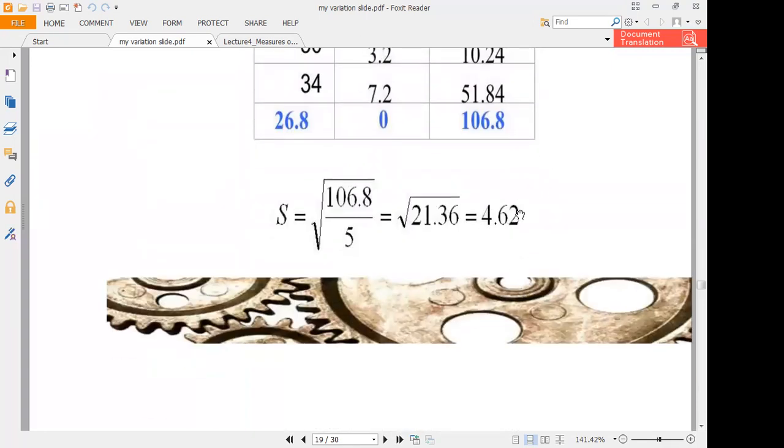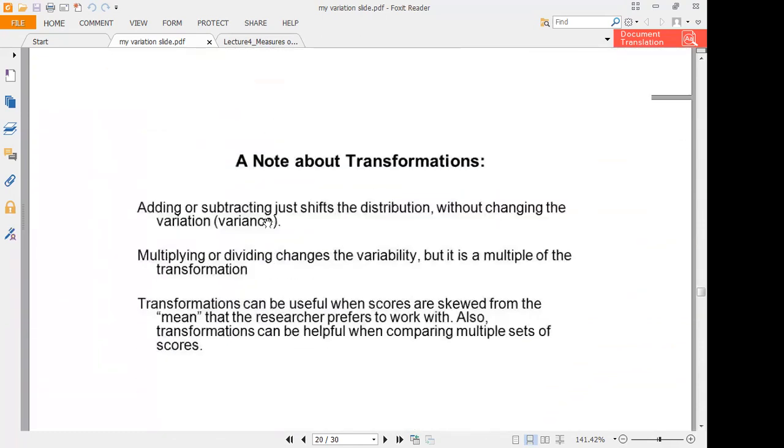You will still get 4.62 and 21.36. So whatever you added to the data to transform it does not change the standard deviation or the variance. Even if you subtract some value from each of the data, you still get the same answer. That is what the first principle is telling you here.